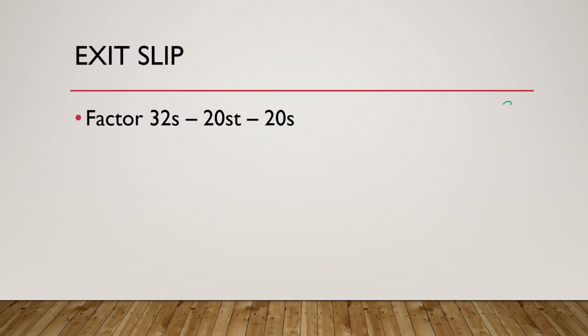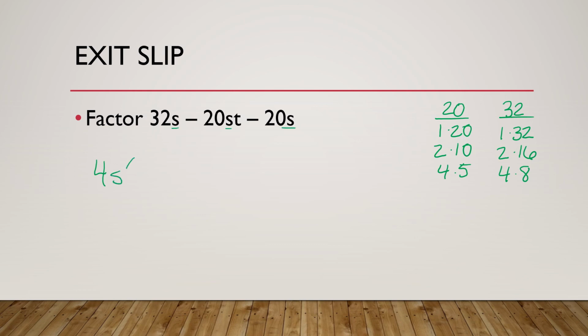So our factors of 32 would be 1 times 32, 2 times 16, 4 times 8, and then our factors of 20 would be 1 times 20, 2 times 10, and 4 times 5. That's true again with the second 20. So it looks like our greatest common factor here is going to be 4. However, since they all have an s, we can factor out an s with that 4.